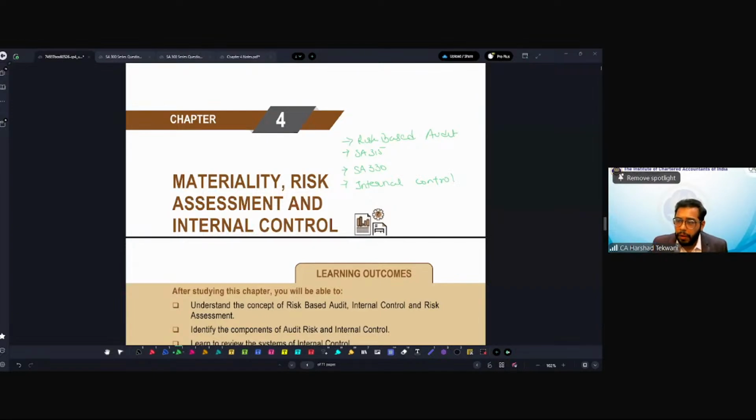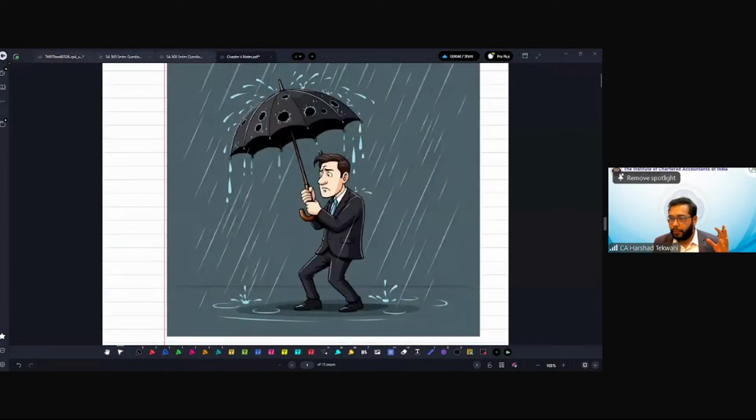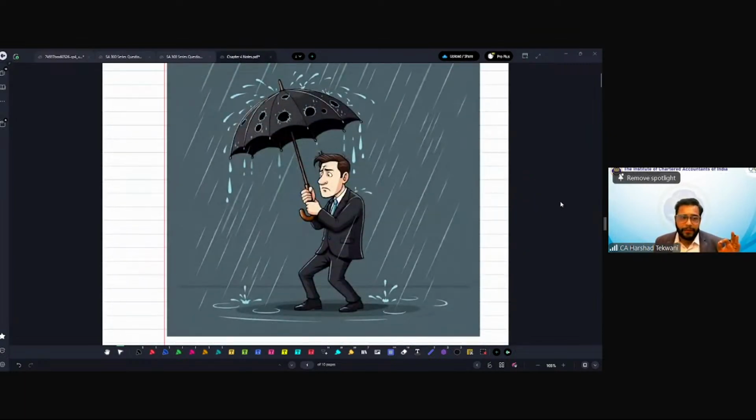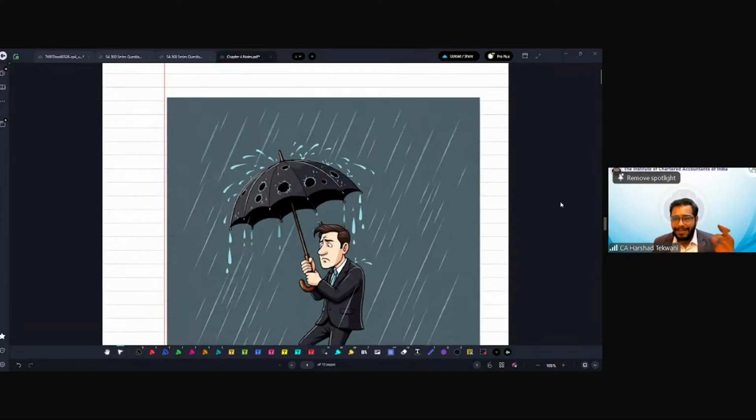When I talk about risk, I'll explain this particular scenario with an image. If you see this image, you will see a man standing in rain with an umbrella having holes. This is a classic example which comprises everything in one image. I'll tell you how.